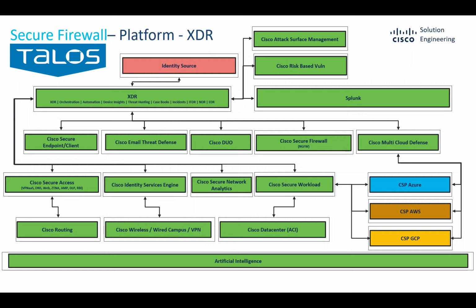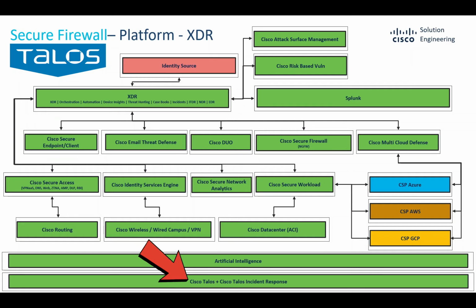We now add in artificial intelligence to help augment the team. We also provide that within the extended detection and response platform. And we've mentioned that we drive that outcome within Cisco Secure Firewall when it comes to encrypted visibility without having to decrypt the traffic. So everything is powered by Cisco Talos, and customers have the ability to add Cisco Talos incident response.